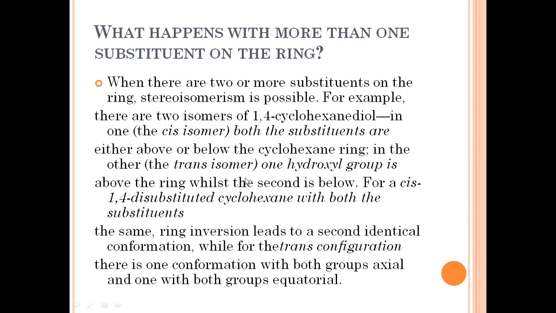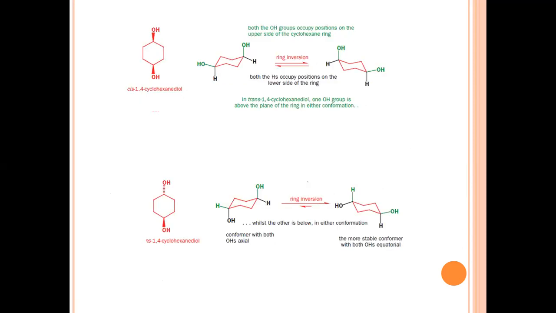For the cis 1,4-disubstituted cyclohexane, ring inversion leads to a second identical conformer, while for the trans configuration there is only one conformation, with both groups axial or both equatorial.